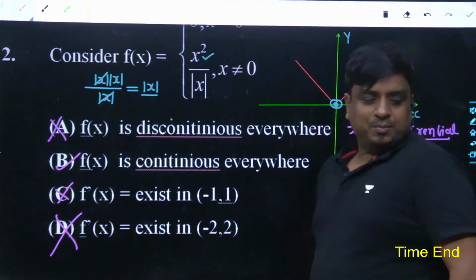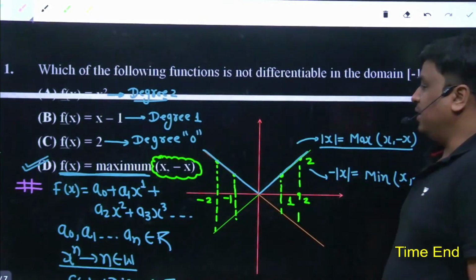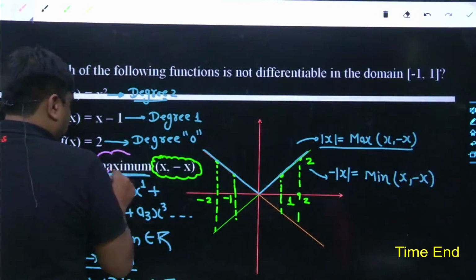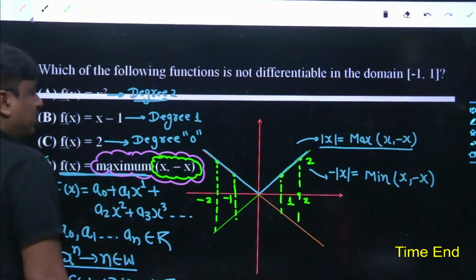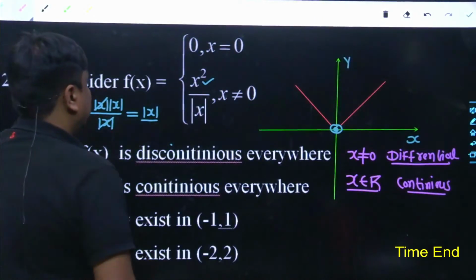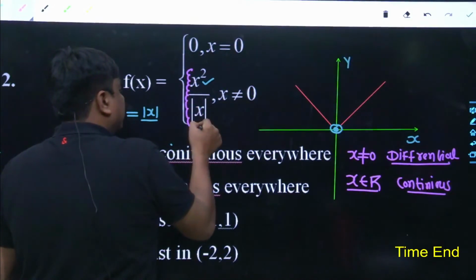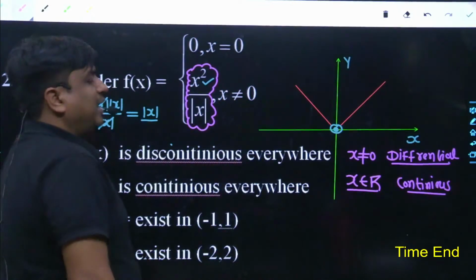So what was the beauty behind the two questions which we had taken? Until and unless you are able to understand the max of x, minus of x, and which kind of function it stands for, you won't be able to crack this problem. The same goes with the second question as well. If you are not able to figure out which kind of function x square divided by modulo of x is, again you will have a problem.